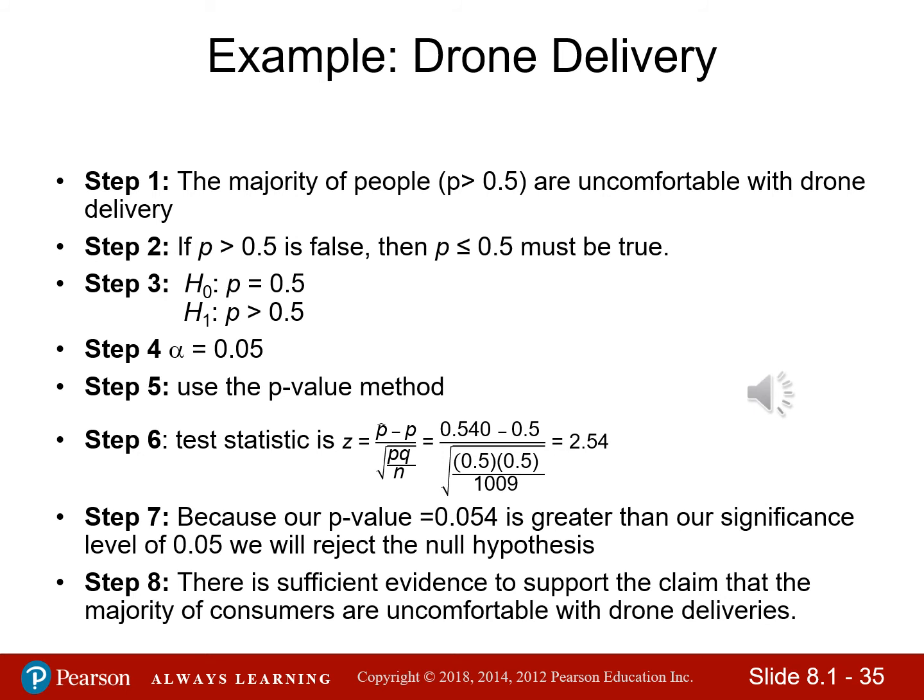So let's move to step 3. Step 3 is in two parts. We identify the null hypothesis and we identify the alternative hypothesis. So we can state that our null hypothesis, H0, is p equals 0.5. And our alternative hypothesis, H1, is p is greater than 0.5.